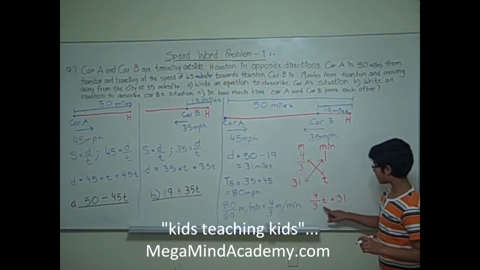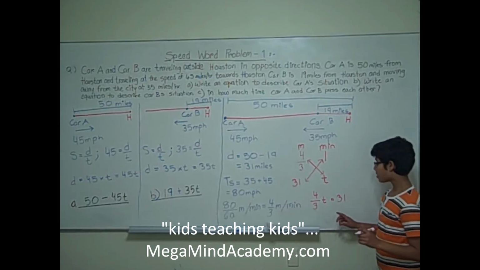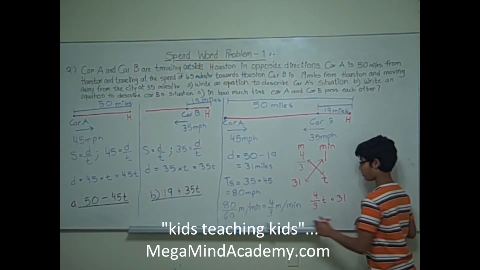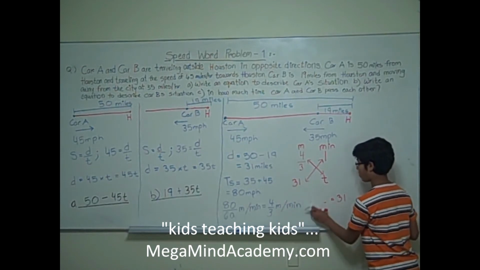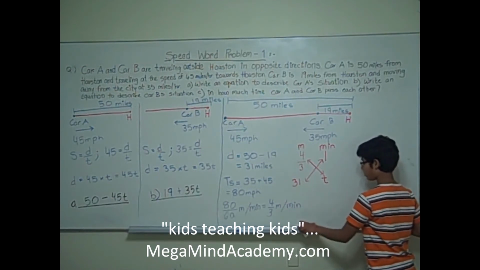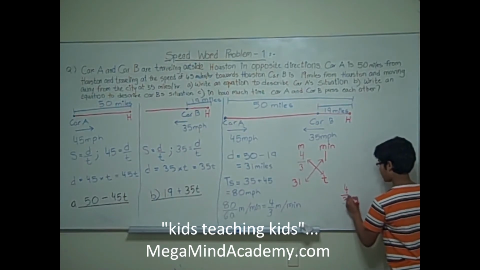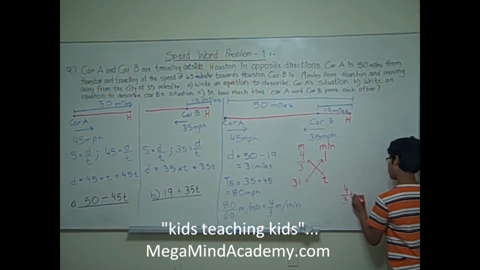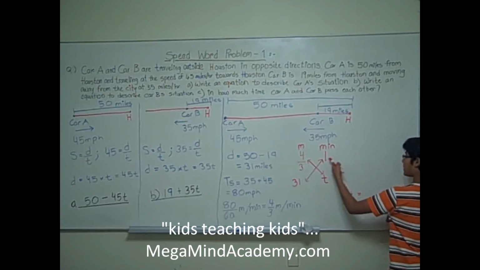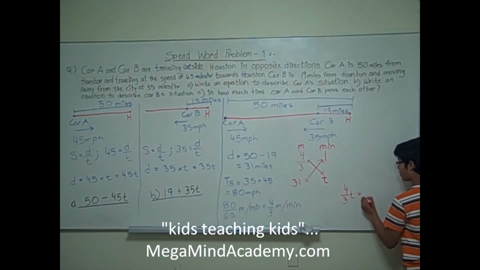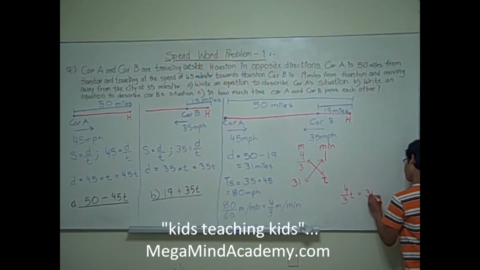Now, we have to get T on one side. So on both sides of the equation, 4/3 T is equal to 31.